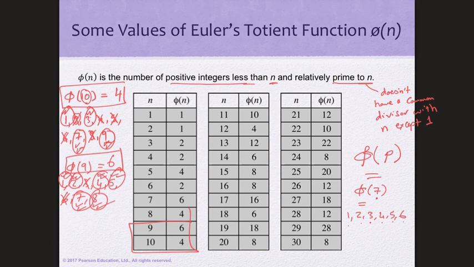So all the numbers smaller than the prime will be counted in the totient function. So it's going to be 6 in this case. And in general, for any prime p, the totient of p is p minus 1. That's just for your knowledge of the totient function.